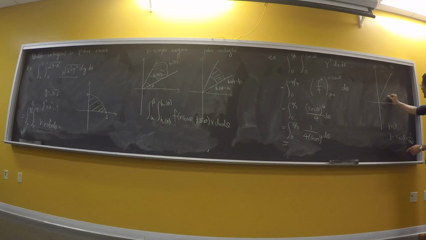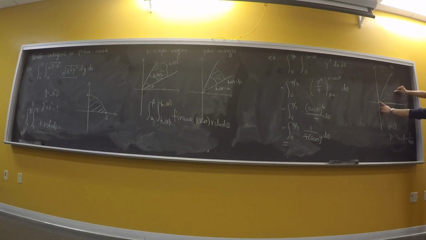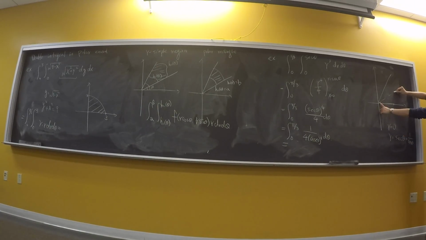So essentially, for every angle right here, I'm supposed to find the smallest radius, which is just 0, and the largest radius, which is given by this function. And then all the points will be between these two radii. Are you with me? So if I move the angle, I'm supposed to have the largest radii coming from the function here, and the points will be bounded between these two points, from the origin to the longest distance.